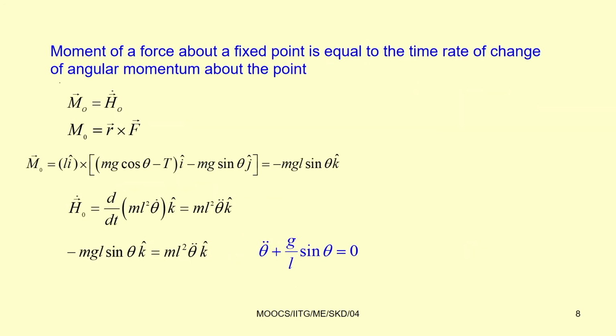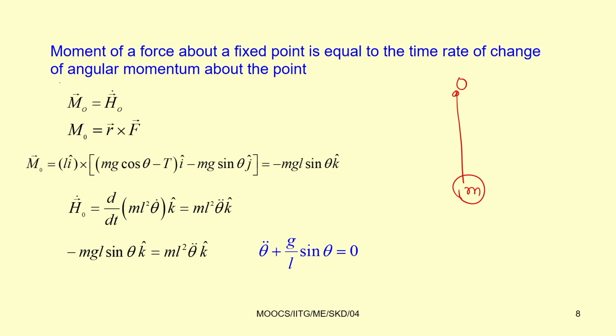Let us apply the moment method also to find this equation of motion. Here we applied F equal to mass into acceleration, but we can apply moments also. We know the moment of a force about a fixed point, here O, about which the mass m is rotating, is equal to the time rate of change of angular momentum about the point.